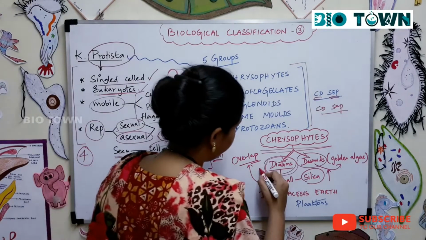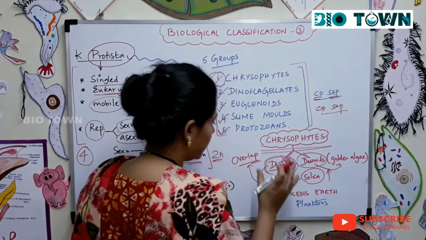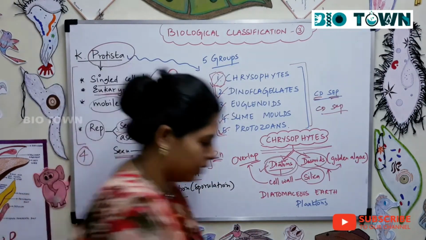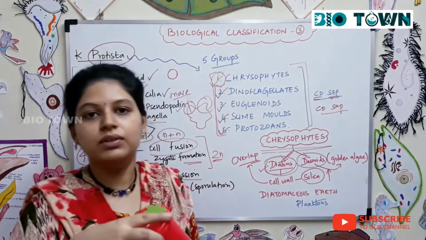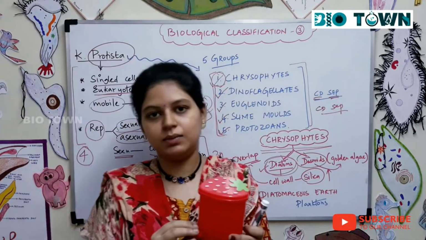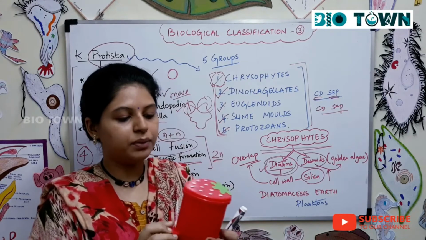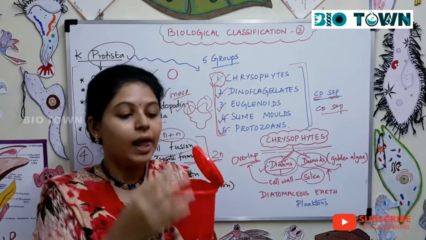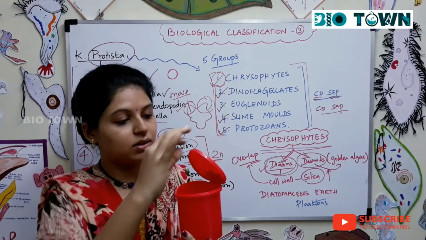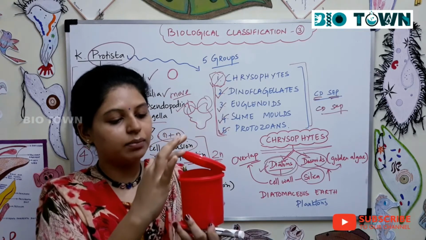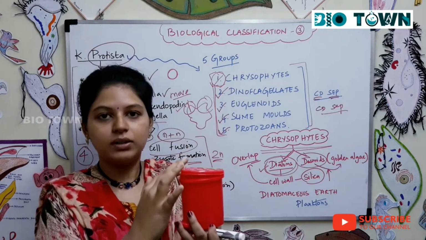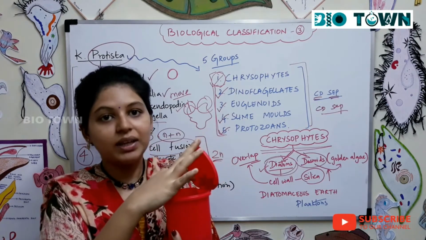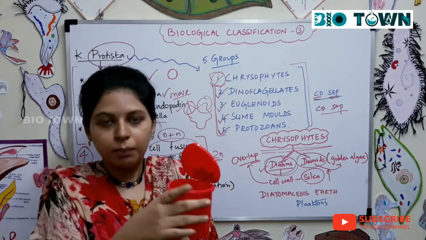And next, a very primitive feature of this cell wall is that they overlap on each other and they are compatible. For example, I just have this mini dustbin box. Imagine this is the lid and this is the bottom surface, right? Just imagine how correctly this lid is able to fit onto the bottom surface. It's because the top is made in such a way that it is compatible with the bottom surface.